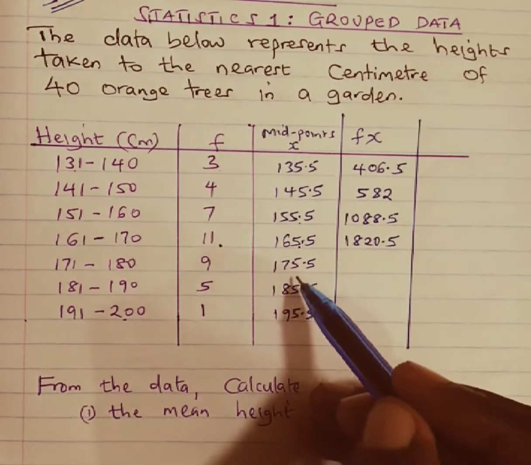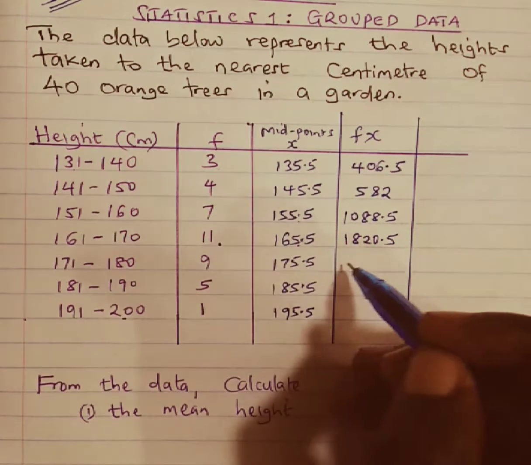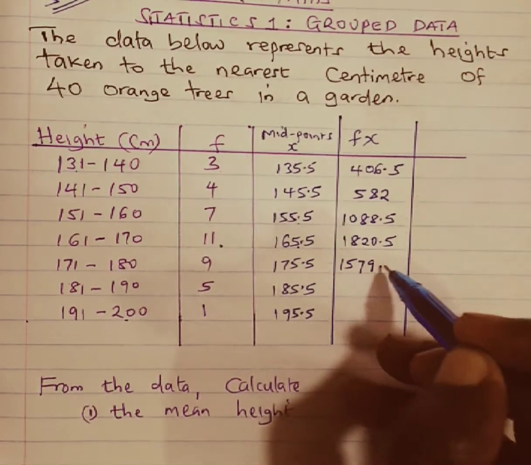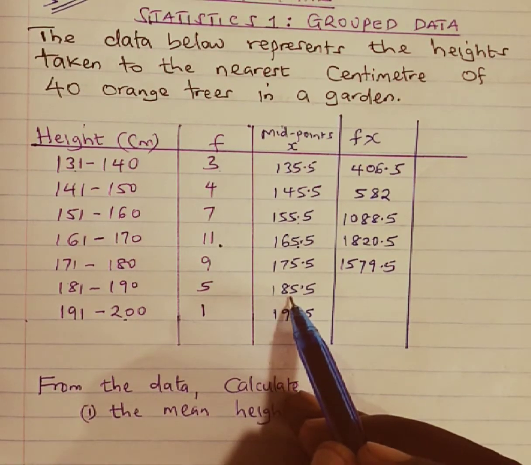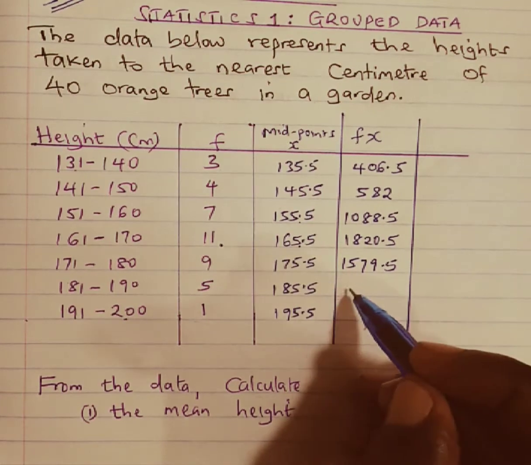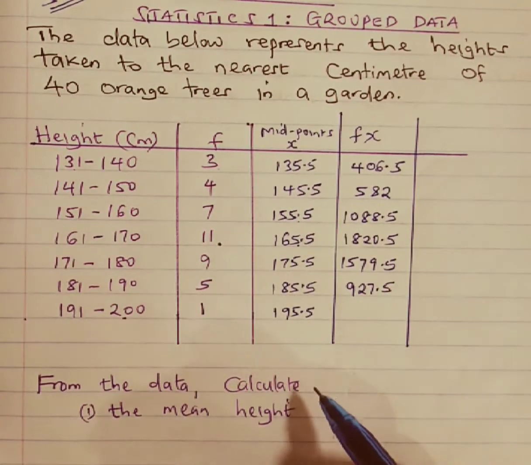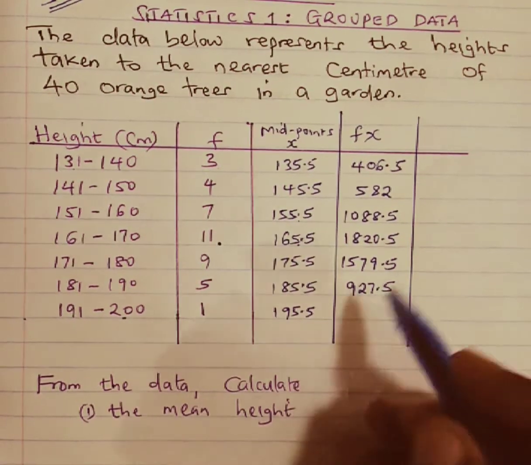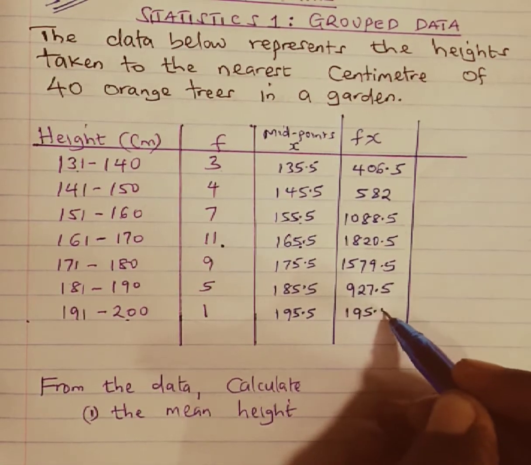Next you take 175.5 times 9, this gives us 1579.5. Next is 5 times 185.5, and this gives us 927.5. And lastly, you take 1, you multiply by 195.5, and this gives us 195.5.